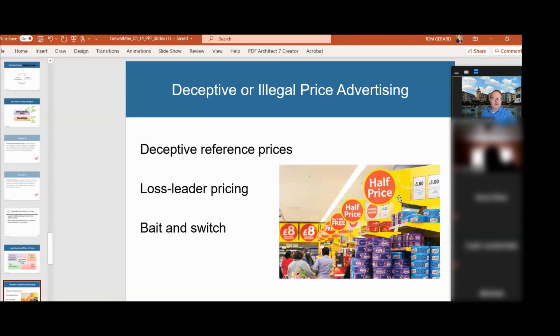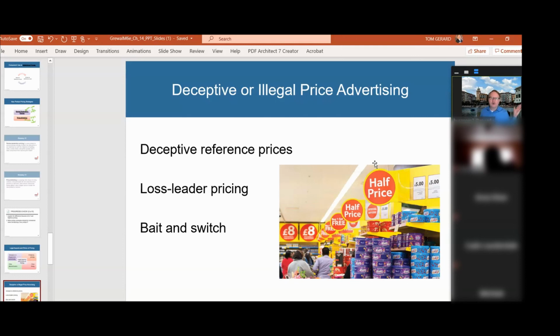So how is $2.50 half price? Well, it's because they marked it up to $5, right? So the Oreo price is $5, and they're advertising it at half price, but it's still only $2.50.